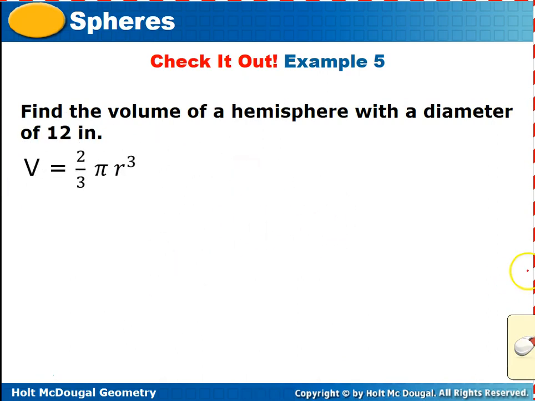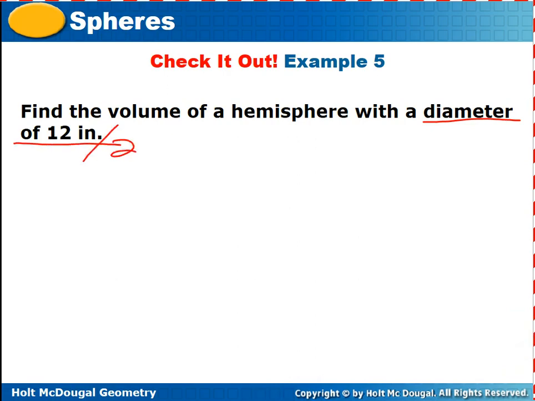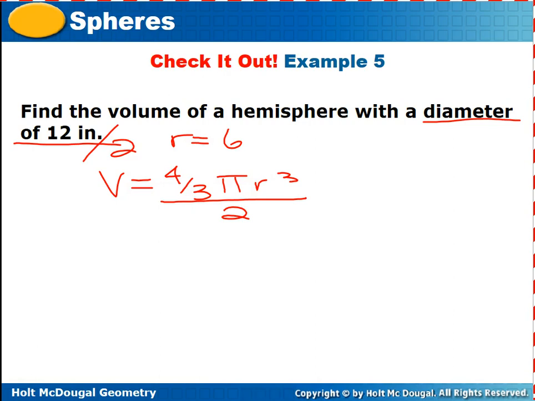Okay, so for this next problem, we're going to find the volume of a hemisphere with a diameter of 12 inches. Again, we were given diameter, so we got to find the radius. So we're going to divide that by 2. So our radius is equal to 6. So volume is equal to 4/3 pi r cubed. And then remember, we're looking for a hemisphere, so we're going to divide that by 2. So we're going to do 6 cubed times 4 divided by 3.